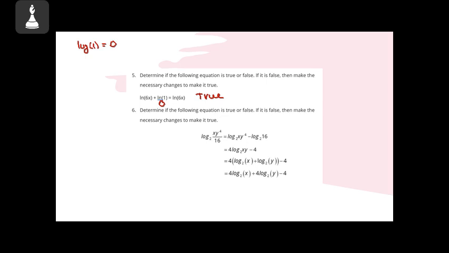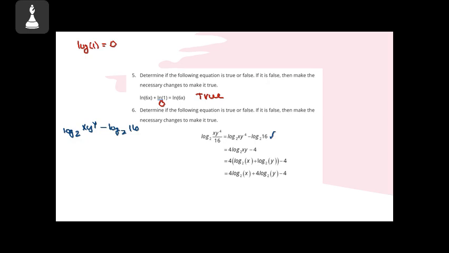Okay, let's look at the next one. Log base 2 of x y to the 4th over 16. Generally, I try to work the problem out myself. So I see that this is a quotient rule first. So I'm going to break this into log base 2 of x y to the 4th minus log base 2 of 16. And that is the first line that is correct.